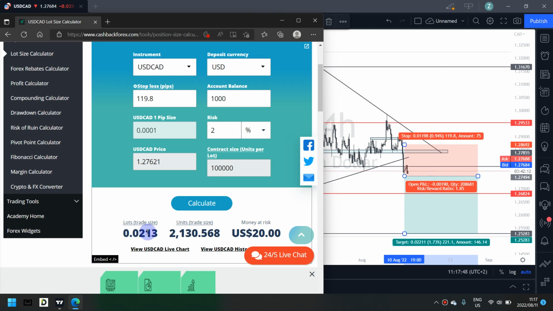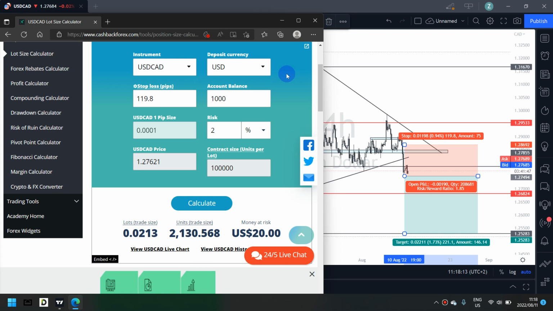Sometimes you can round off these numbers. So what I do sometimes, if for example here the 1 was probably a 5, I would round off, then it would be 0.03, just to add that little bit of money at risk, you know.